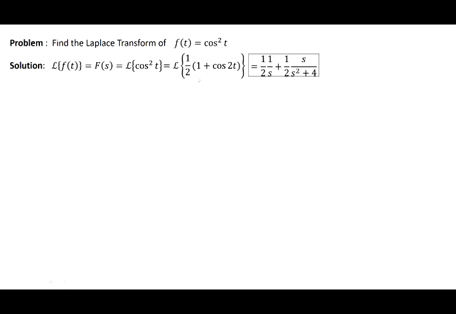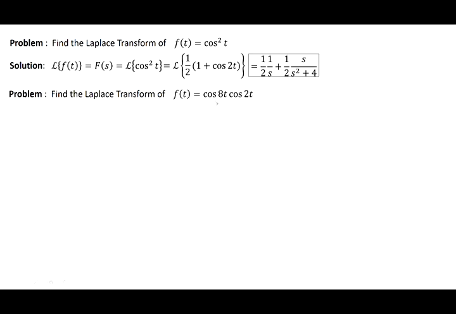See, the moment you use the identity, it becomes very simple. In the same way, if I have Laplace of cosine 8t cosine 2t, there is no simple way.